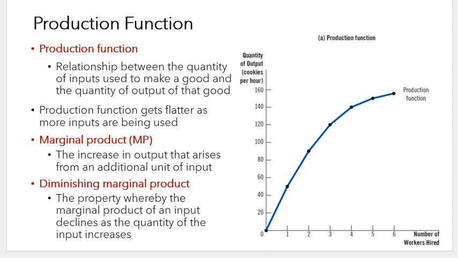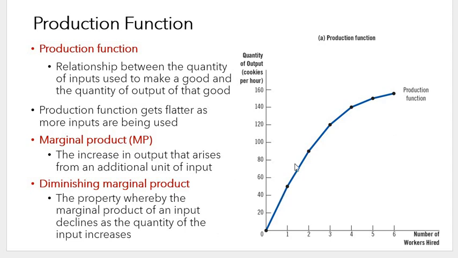Anyways, so the main takeaway here is we believe an additional unit of input will not always be that beneficial, or not equally beneficial. The increase in output related to an additional unit of input tends to shrink.